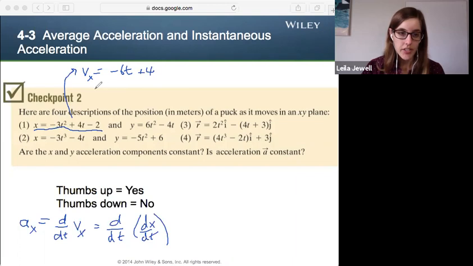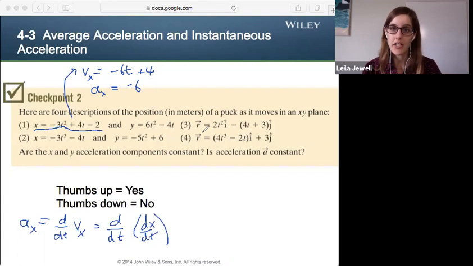And then if we take the second derivative, which is going to be the acceleration, that's just going to be -6. We need to know, is that constant as time passes? Well, the only way it's not constant as time passes is if there's still a t in there. Since there's no time dependence, this is constant. So that is a yes.